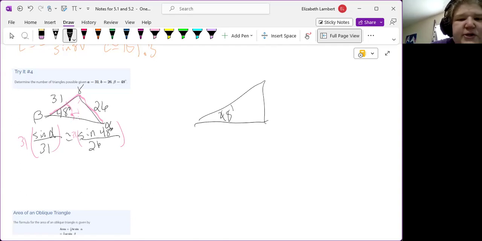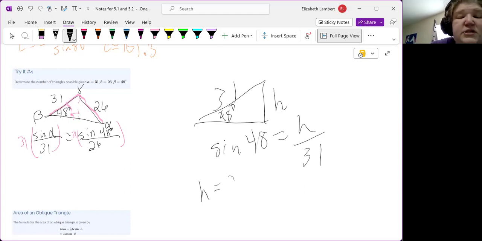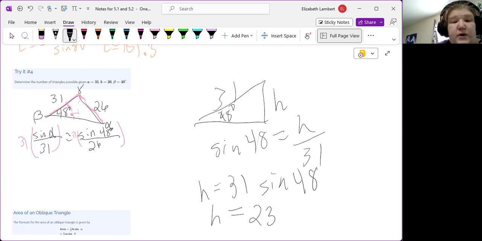I need to actually draw the triangle is the problem. So if this is 48 degrees, this is what we want. This is 31. Sine of 48 equals h over 31. So h is 31 sine 48. The h is 23.03 blah, blah, blah.